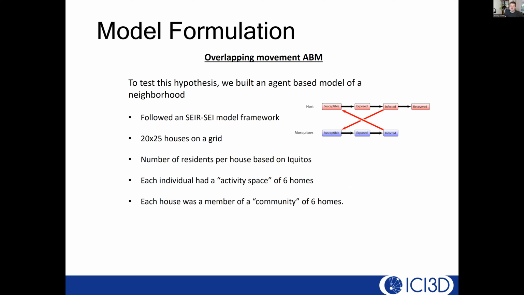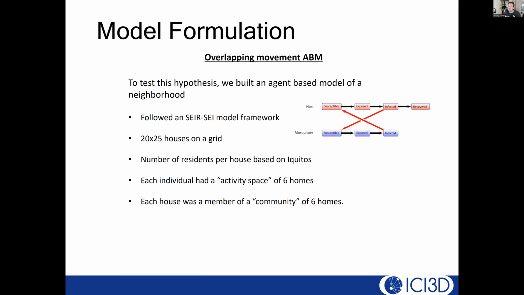And we're going to build a grid of houses, basically, again, looking at a neighborhood and say, how many people live in each house? We're going to say each individual visits around 6 homes, which was about the average we saw in Iquitos. We're going to say each house is a member of a community of 6 different homes.